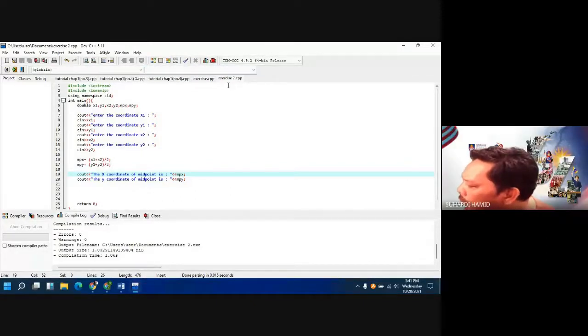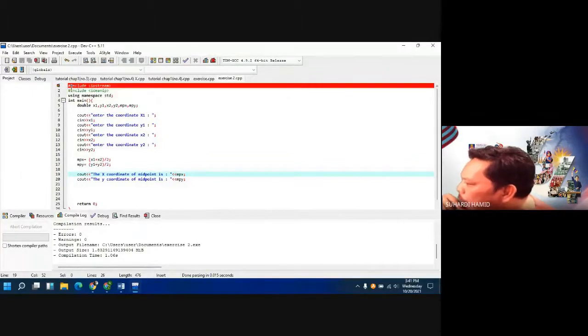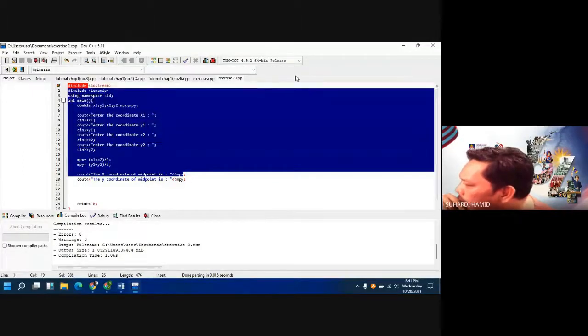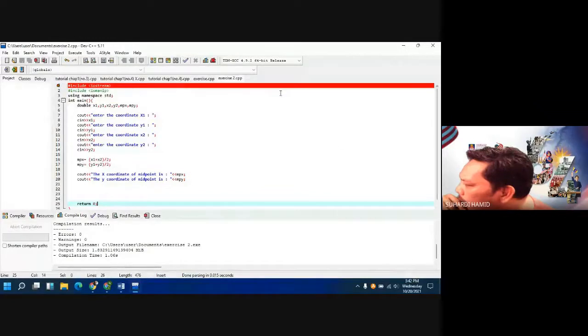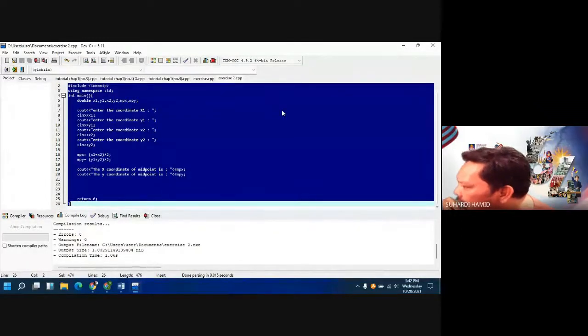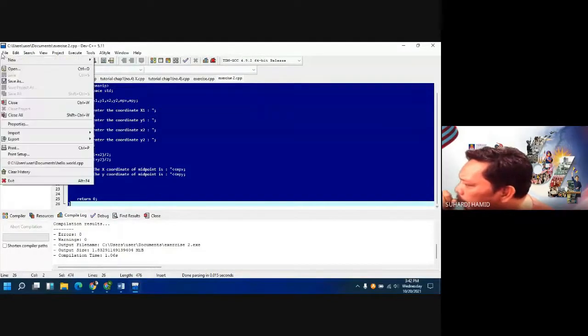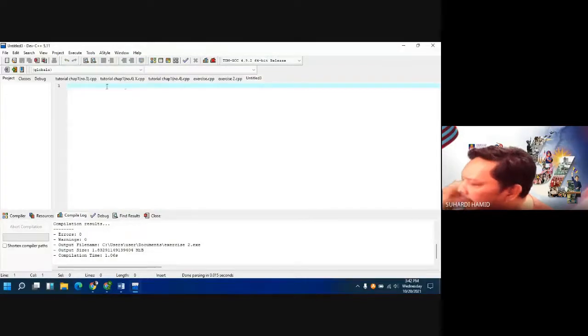Maybe because there's too much above. Right. Try to copy the whole thing. Control A. Okay. Control C to copy. Open a new file. Paste.